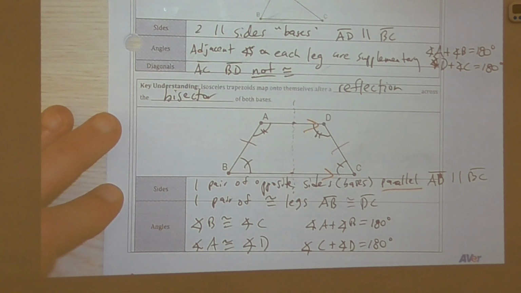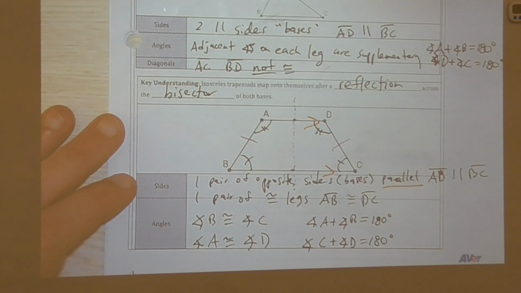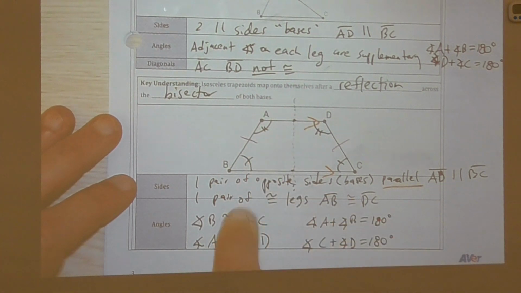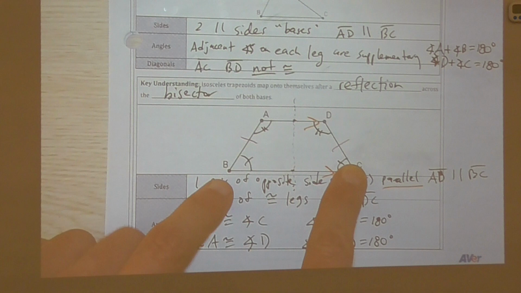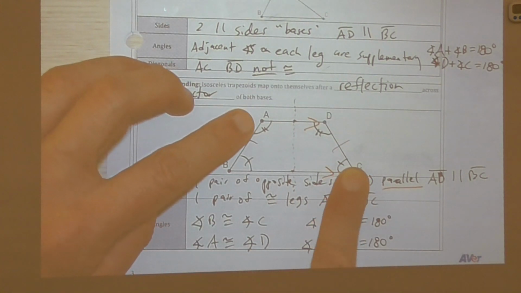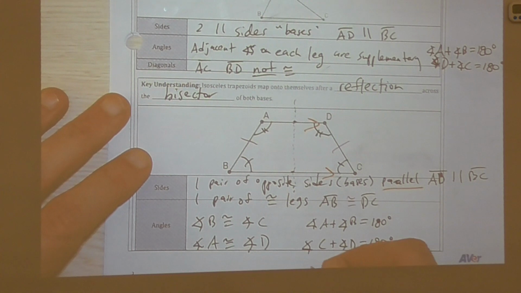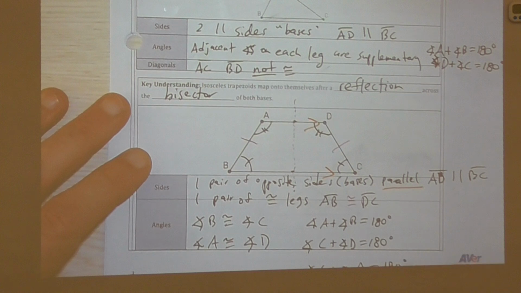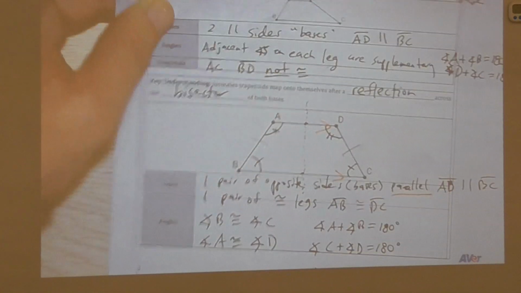Then, special for an isosceles trapezoid is that opposite angles are also supplementary. So you see B and A are supplementary, but then C is congruent to B. So we could use C instead of B and say C and A are supplementary. And angle B plus angle D also equal to 180 degrees.